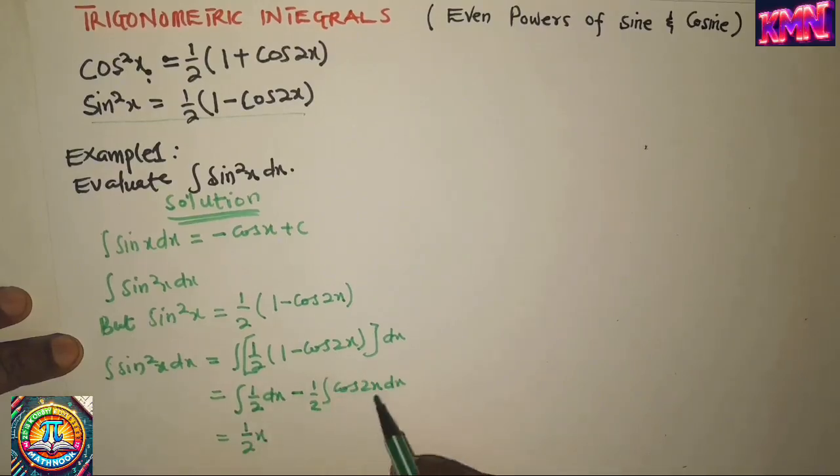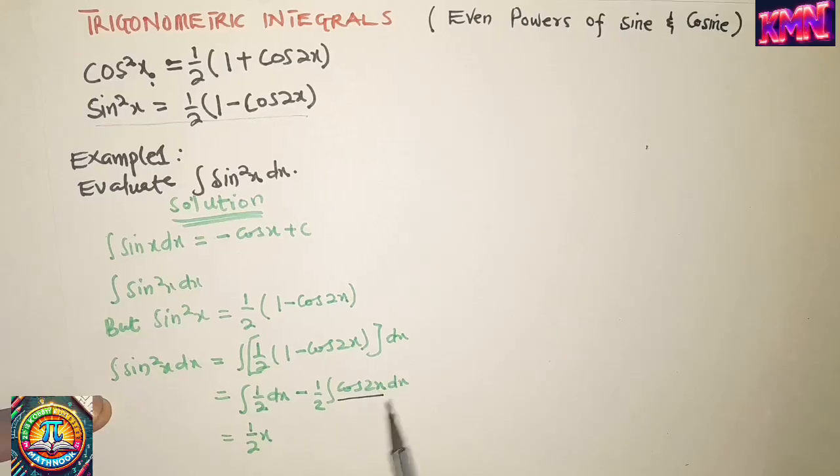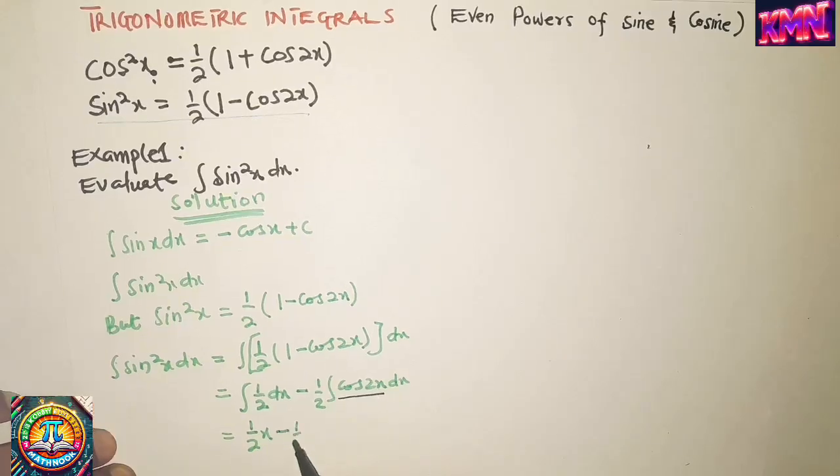If we could remember, we generalized that in order to find the integral of cosine of 2x dx, we learned that first you need to integrate the whole function, which will give us minus half already. Then the integral of the whole function will give us sine 2x. Then we differentiate the 2x, which gives us 2.